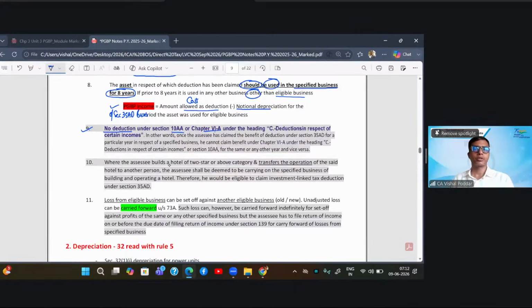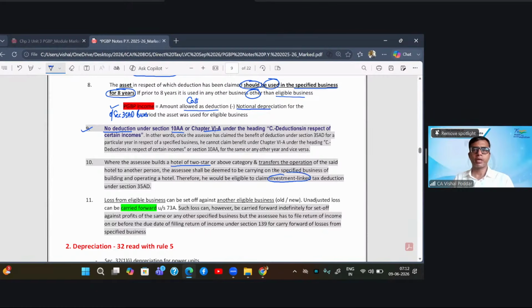Second, this condition is specifically in relation to the hotel business. In relation to the hotel business, the important point is what happens many times: the person who is running the hotel may not himself have purchased or created, that is constructed, the hotel. Generally, the hotel is constructed or created by somebody else, but it is managed by some other group. Now, in such cases, the question is who will be eligible for this 35AD deduction.